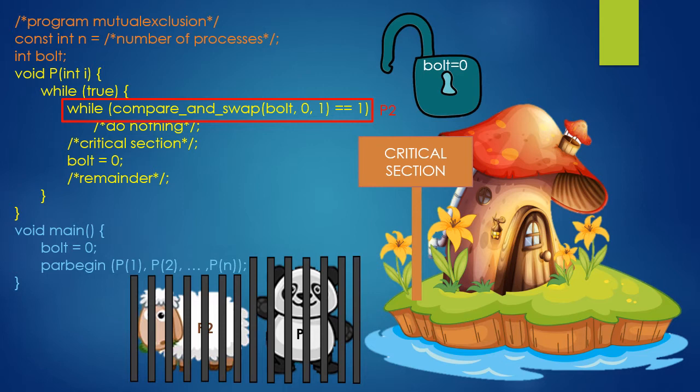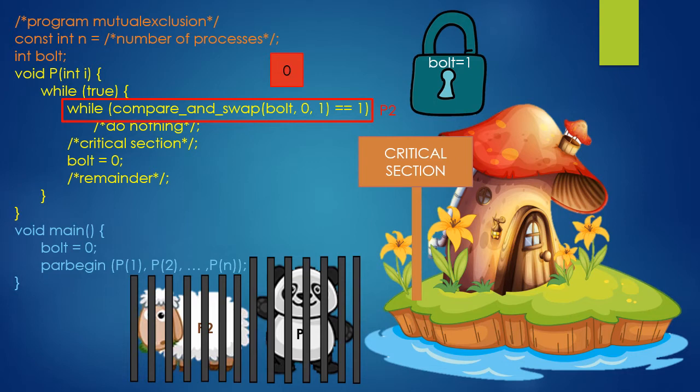Let us assume that between P1 and P2, P2 checks bolt first after P3 has changed it. P2 compares bolt with 0. The comparison is true, so bolt is set to 1. Compare and swap returns the old value of bolt, which is 0.